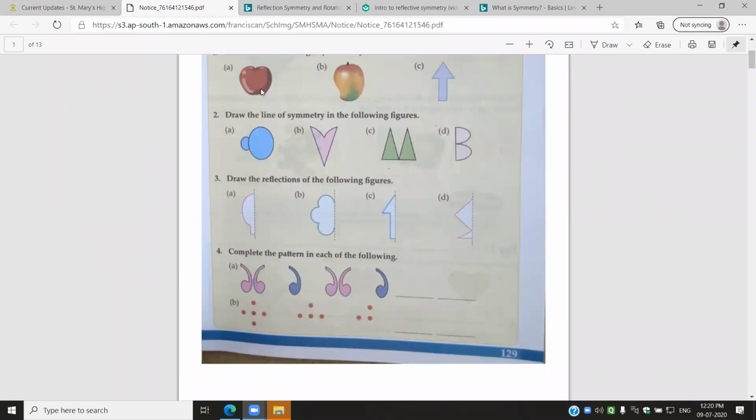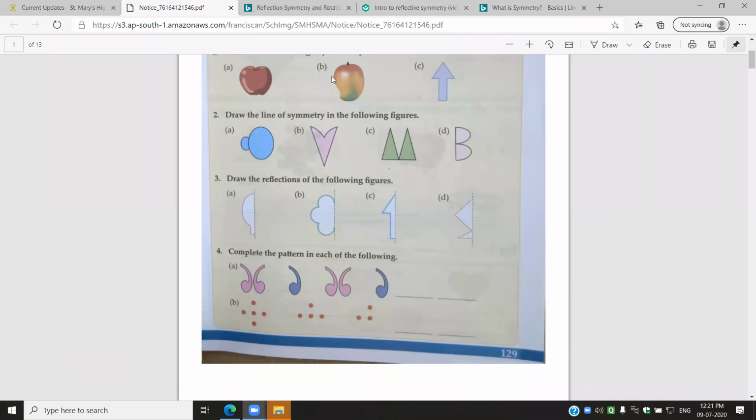So now this apple. If I draw a vertical line like this, then both the sides will look the same. So it is symmetrical. Now in this mango, if I draw a vertical line, I will not get both the sides the same. And even if I draw a horizontal line, this side is not matching this side.